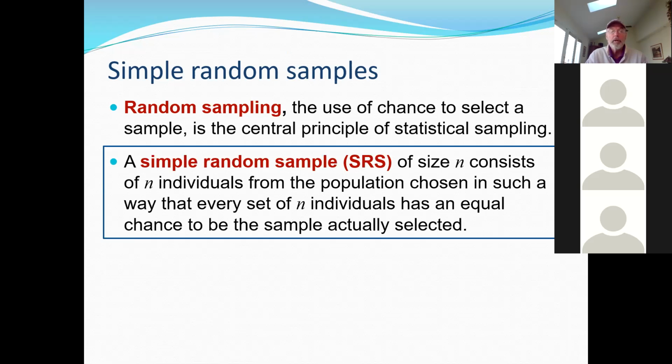What's really important here is that whatever sample size you have, all of the individuals chosen from the population have an equally likely chance of being part of the sample. If you can guarantee that each person in the sample came because they were equally likely to be picked, then that is a very good way of sampling.